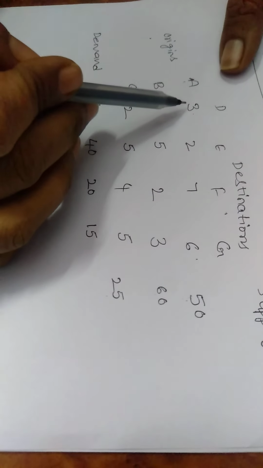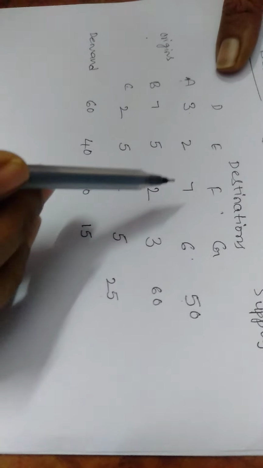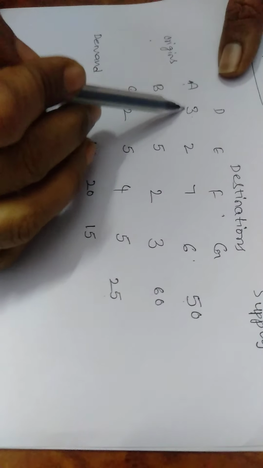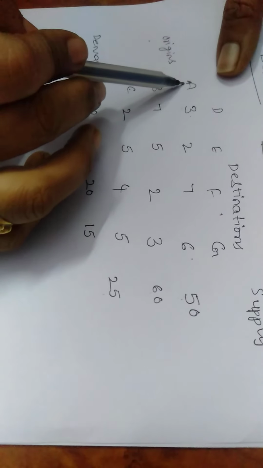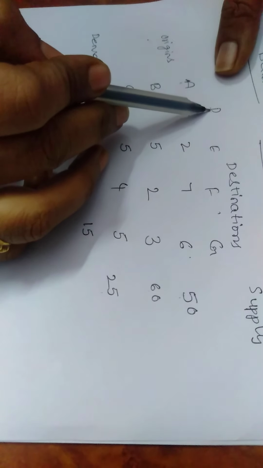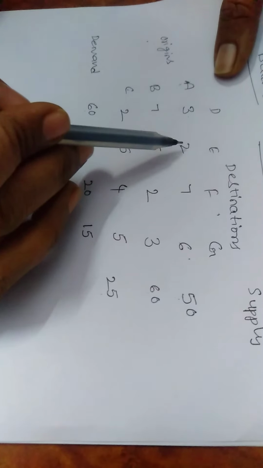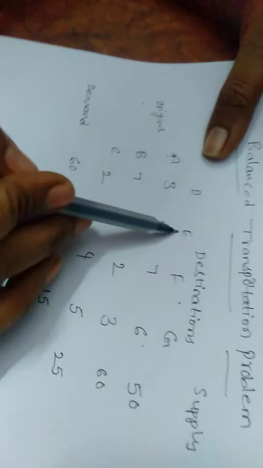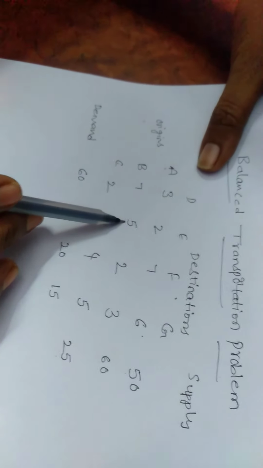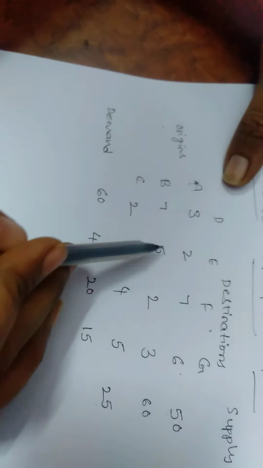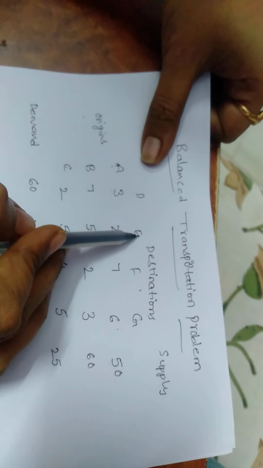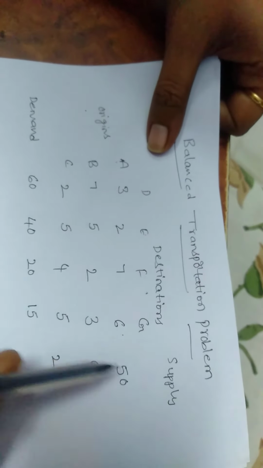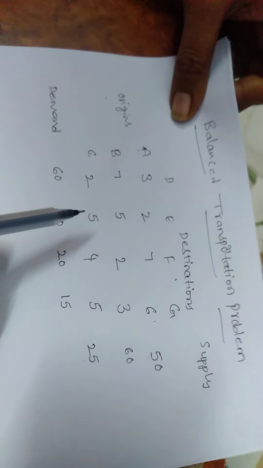What do these numbers represent? 3 is the cost of transporting 1 unit from origin A to D, and 2 is the cost of transporting 1 unit from origin A to E. And this 5 means the cost of transporting 1 unit from origin B to destination E. This way we can understand the transportation problem.